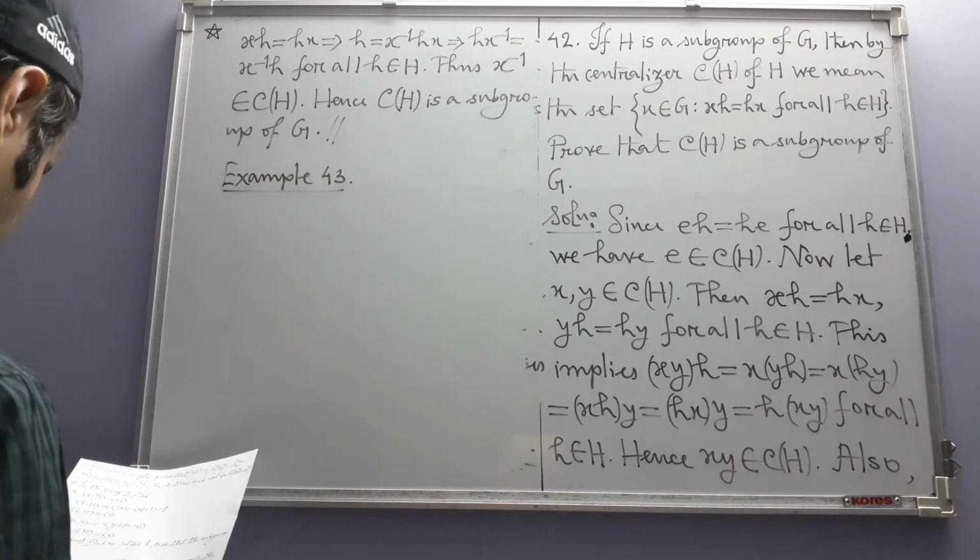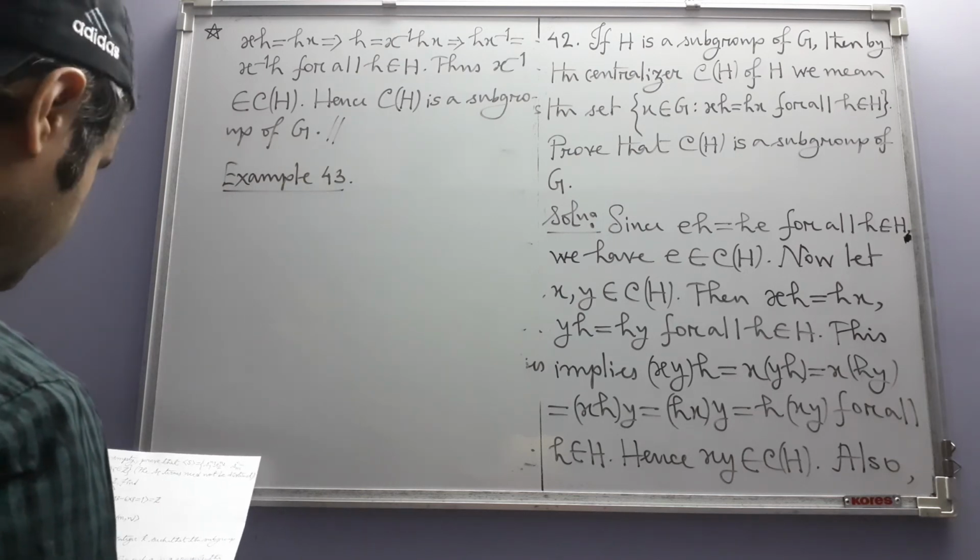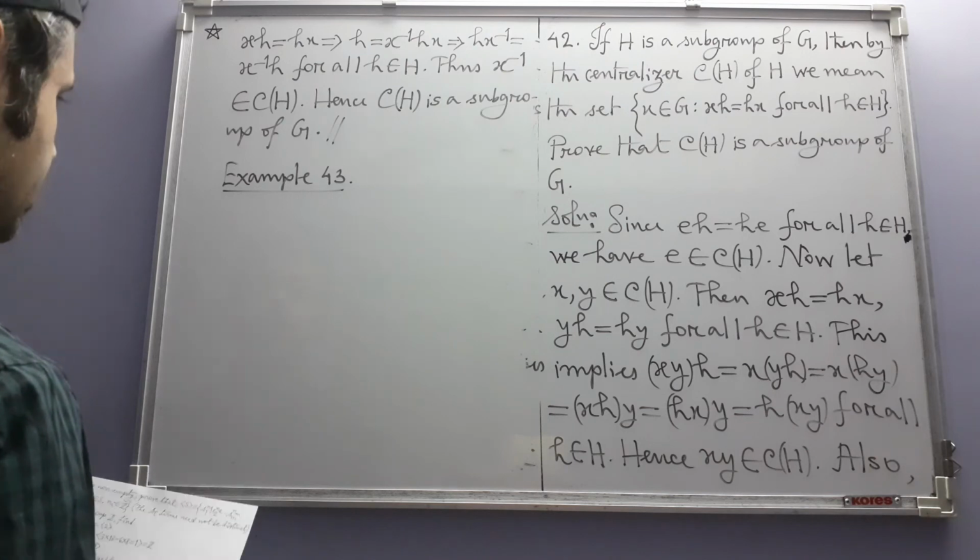Now 43. Must the centralizer of an element of a group be abelian?